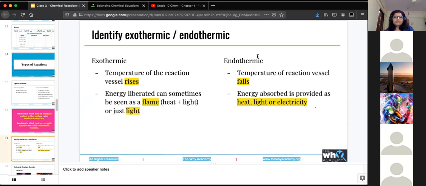If you observe that the temperature of the reaction vessel rises, even in real life, what does that temperature rising mean? Why will the temperature rise? Heat is given out.